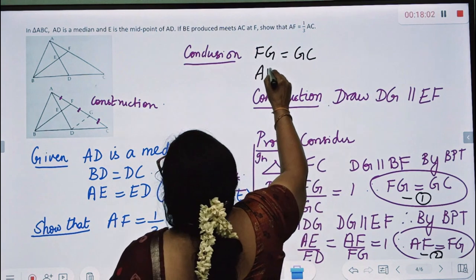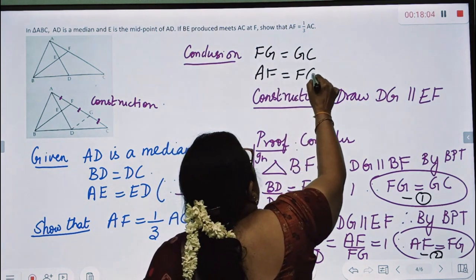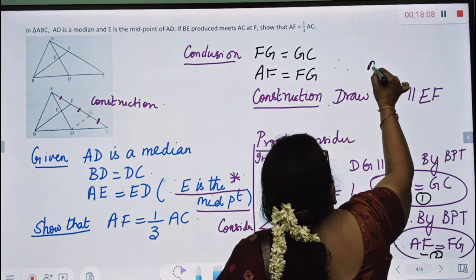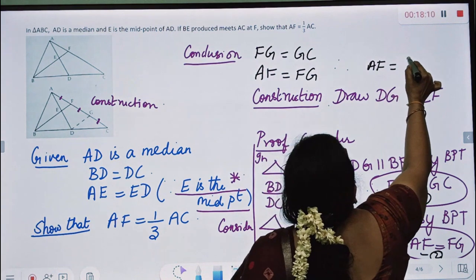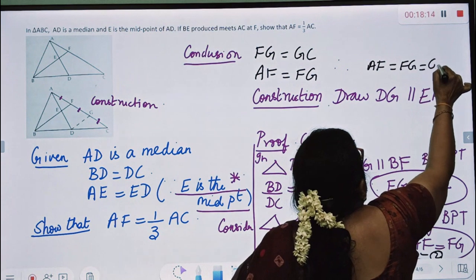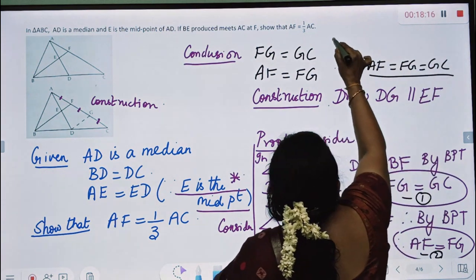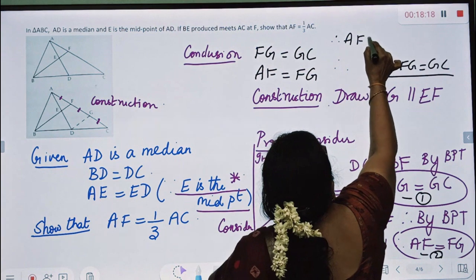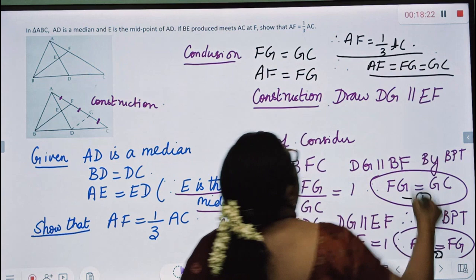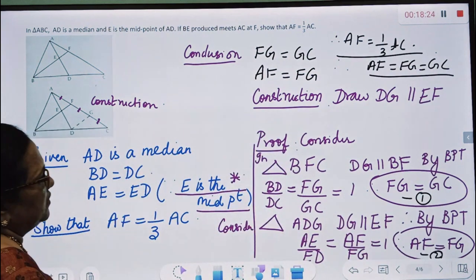Therefore, AF is equal to FG equal to GC. Therefore, what can you say about AF? 1/3 of AC. Therefore, AF is 1/3 of AC.